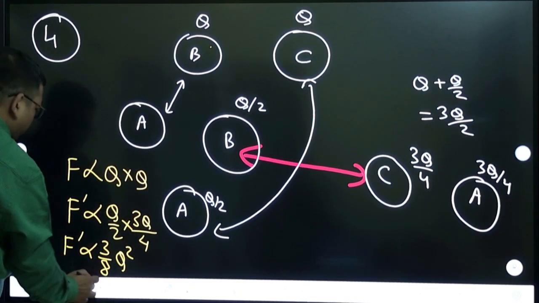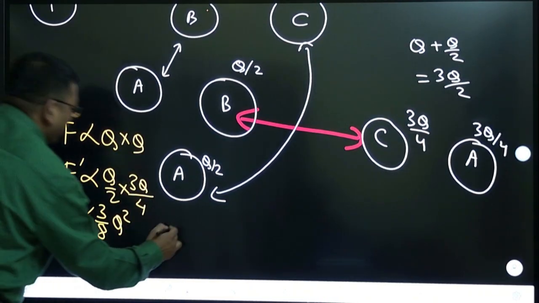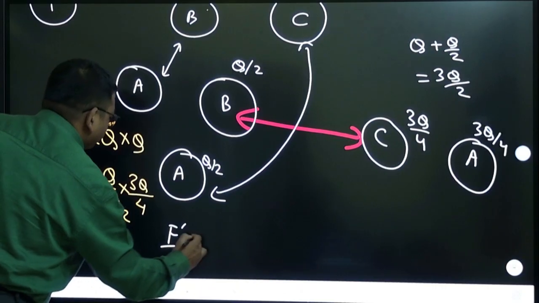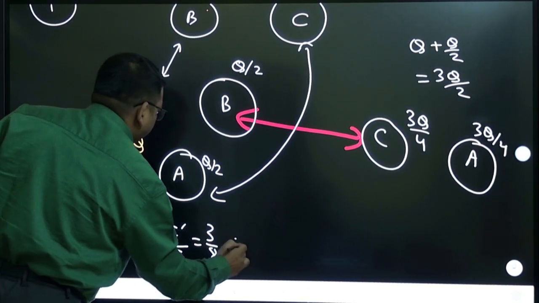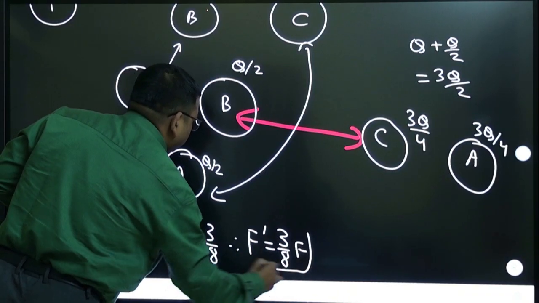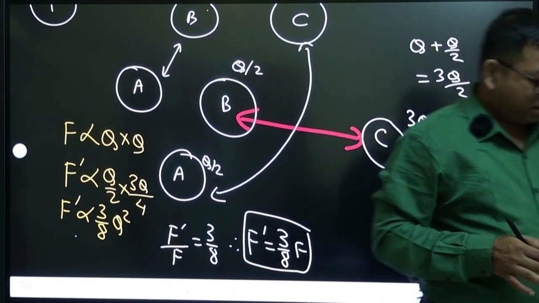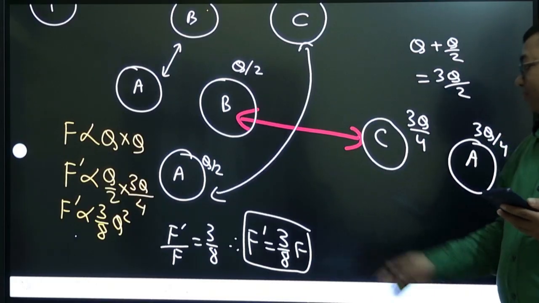Then take the ratio: F dash by F becomes 3 by 8. So F dash becomes 3 by 8 of F. There was not much calculation involved. So that's all.